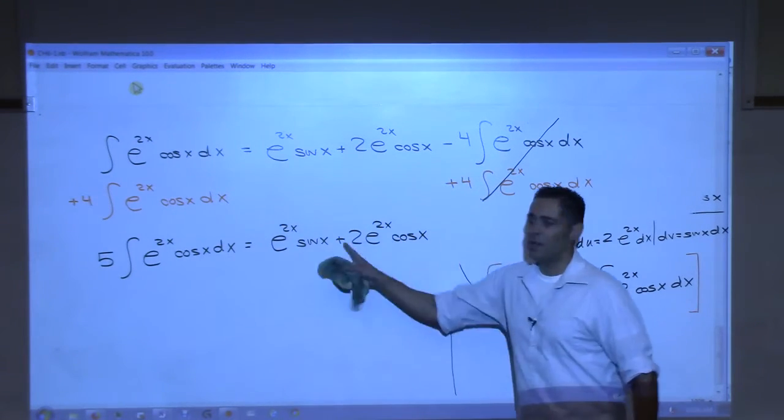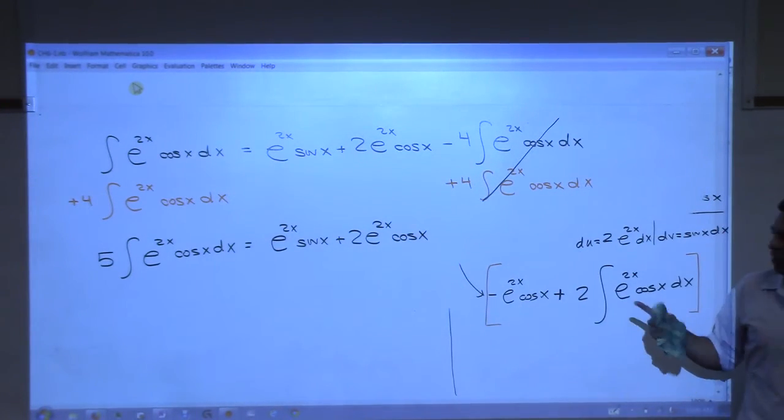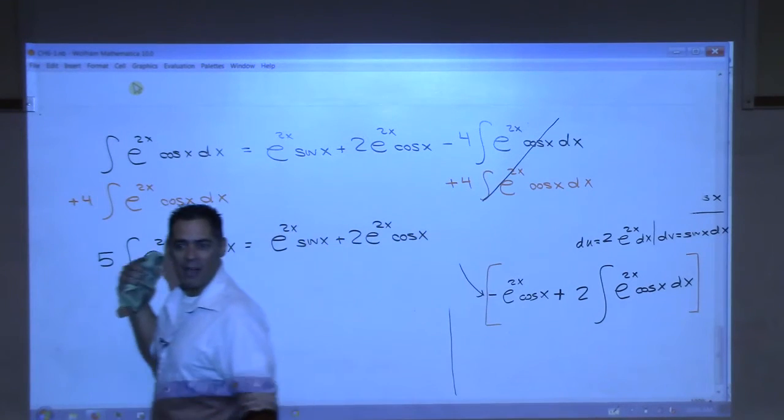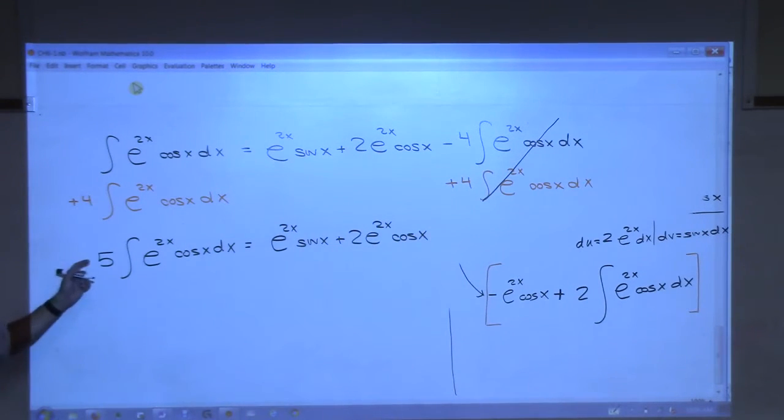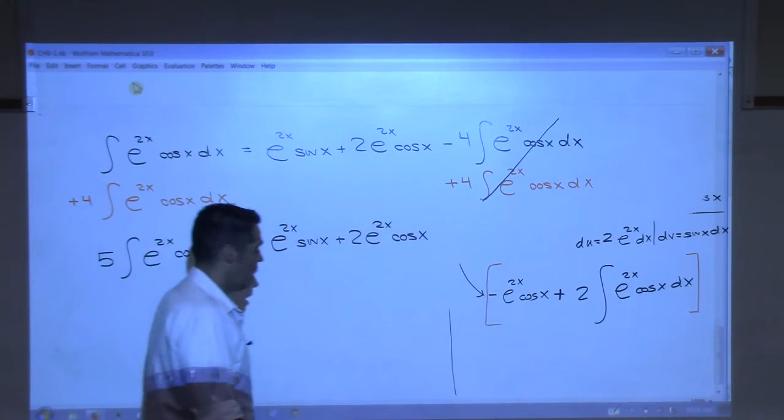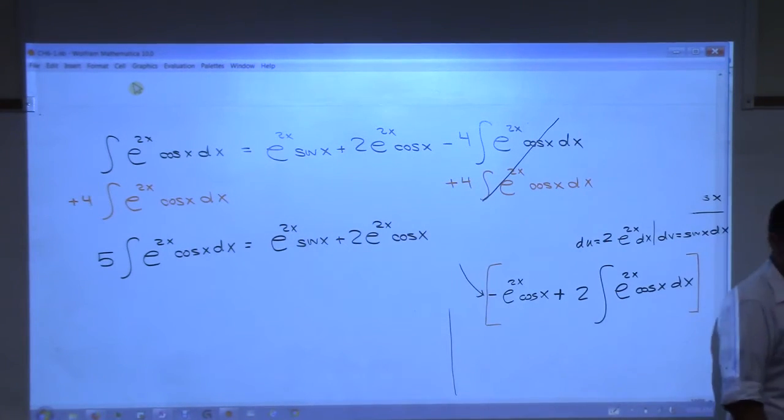And notice there are no more integrals over here. So all we have to do to get the integral is divide by 5. Divide both sides by 5 and we have it. Isn't that kind of cool?